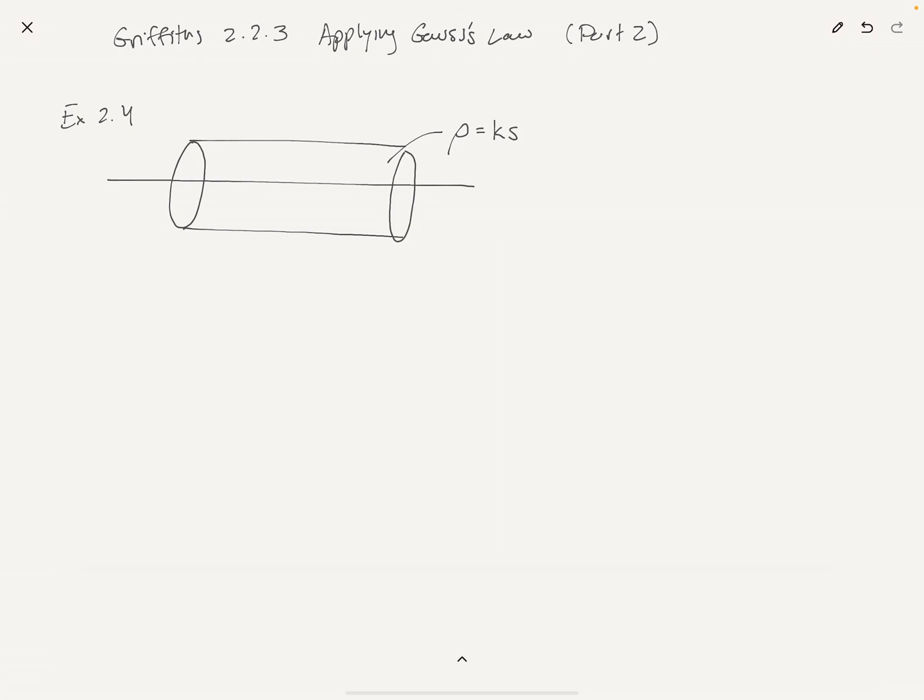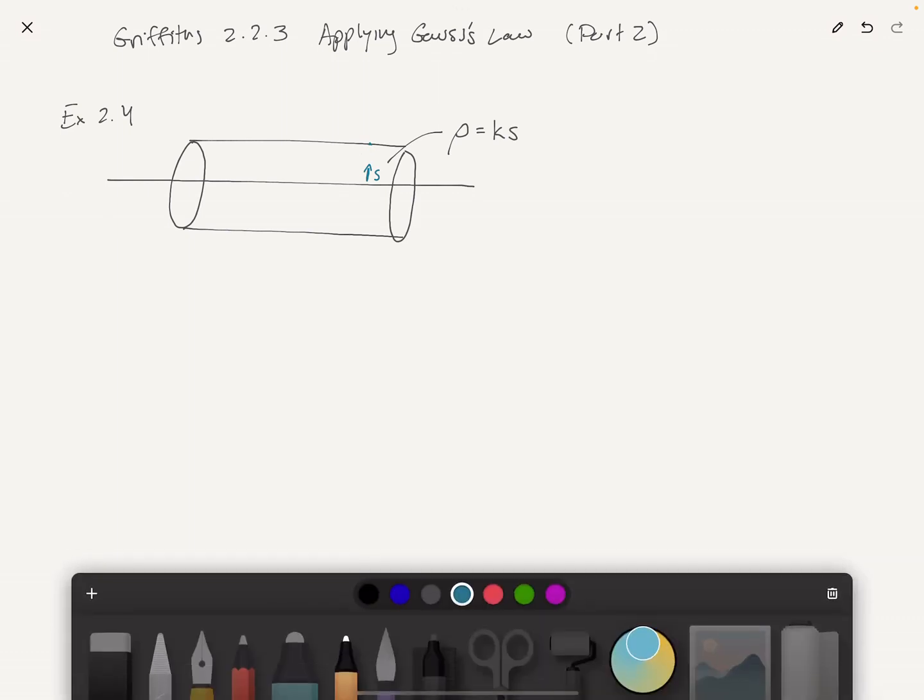So here is the distance s. I shouldn't draw that. Just draw some distance s away from that. And I'm looking for the electric field inside my cylinder.